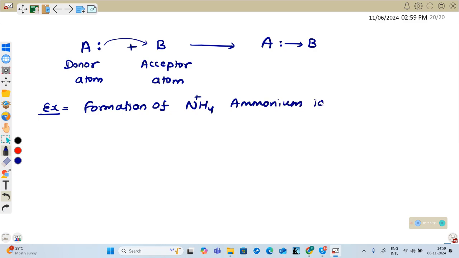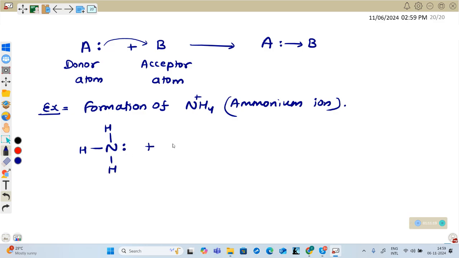Ammonium ion. The condition for the formation of the coordinate bond is that the central atom must have one lone pair. So here nitrogen in ammonia has one lone pair, if you see the Lewis dot structure.